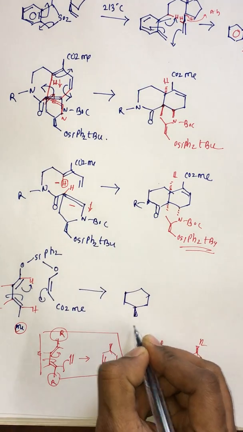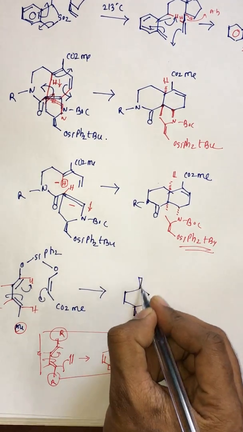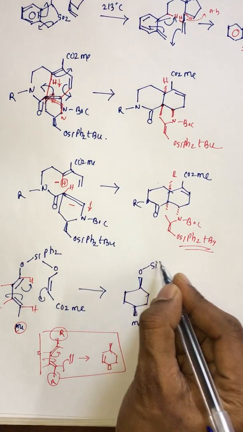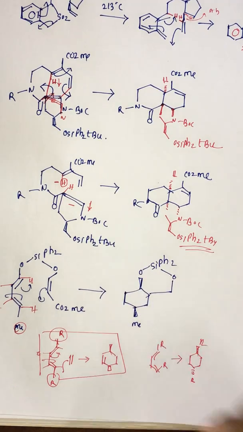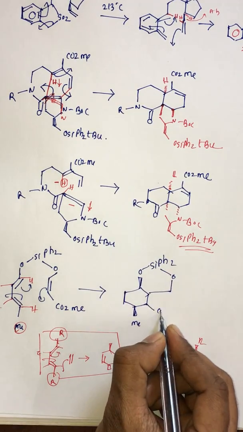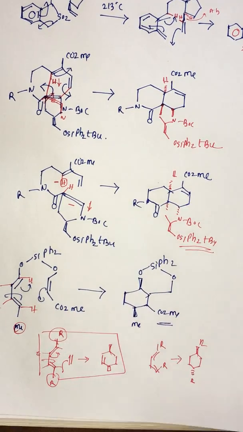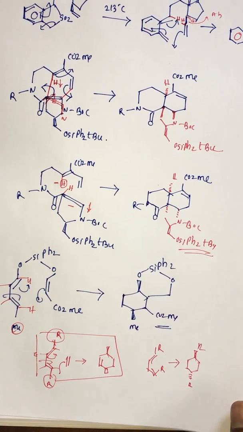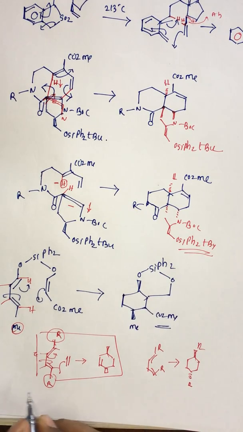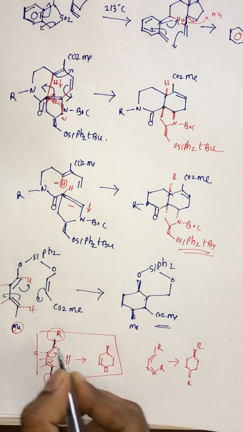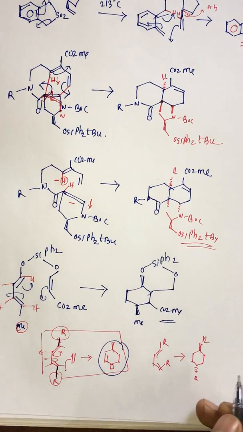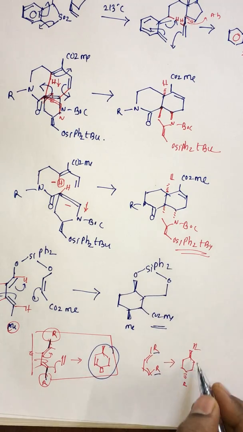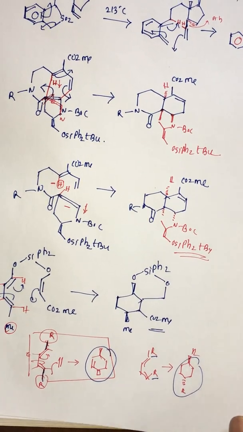So if you take methyl here above the plane, oxygen also should be above the plane like this, and CO2Me comes here. So this is very important. When we have both E substituents, in the product we will get cis stereochemistry. When we have one E and one Z, in that case we will get trans stereochemistry.